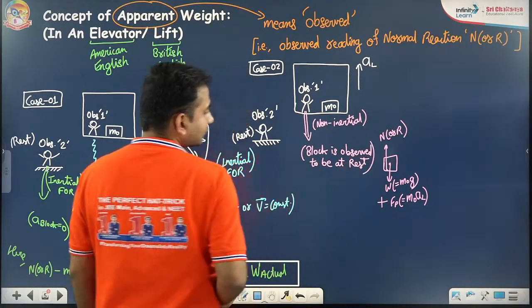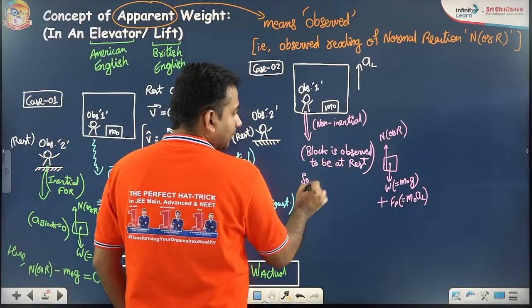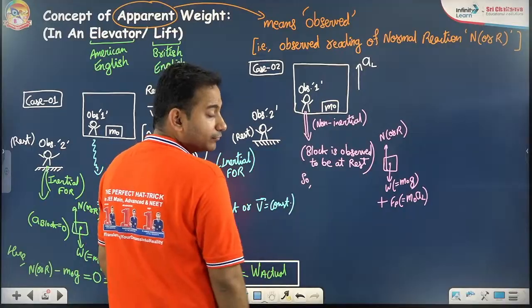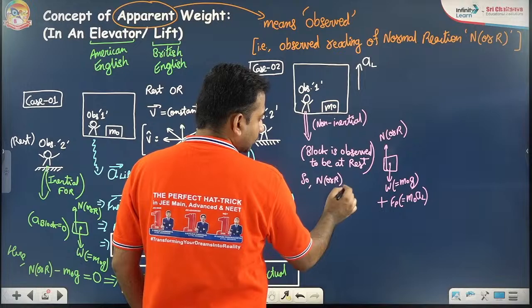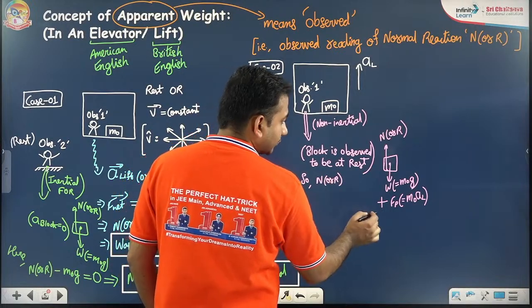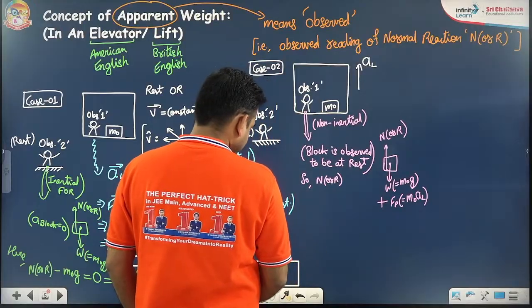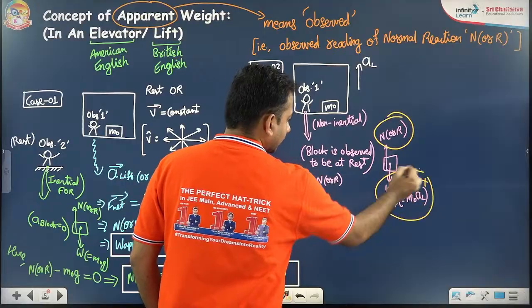That's what the observer is observing. So in that case, net upward force must be equal to net downward force. Net upward force N or R must be equal to net downward force. So can I say that here net upward must be equal to net downwards?